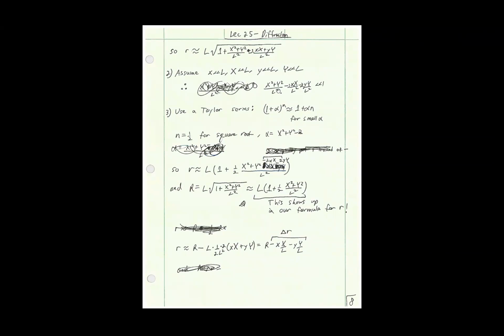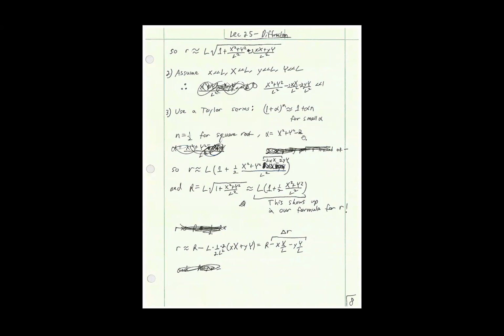Then the next thing we do is we assume that all of this stuff here is much less than 1, okay? And if we assume that it's all much less than 1, then we get to use a Taylor series. You get to use the fact that (1 plus alpha) to the n is roughly 1 plus alpha n if alpha is small. And we're taking a square root. So n is a half, all right?